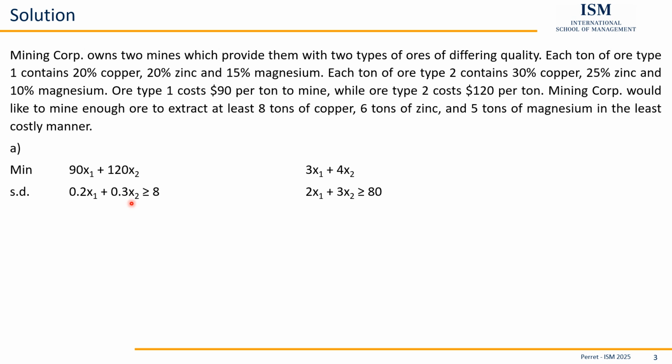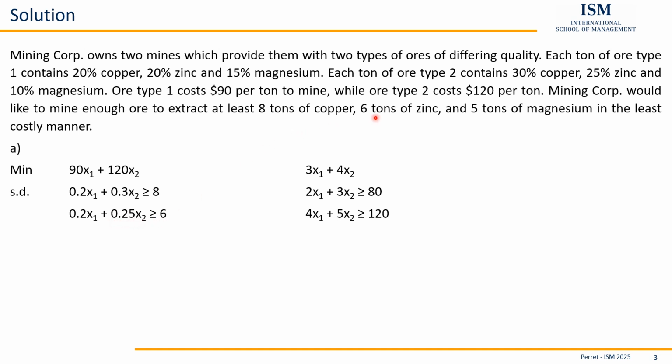Well, this was copper. In a similar way, we can go about zinc. We have 20% in each ton of type 1 and 25% in each ton of ore type 2. So we have 20% of x1 plus the amount from the ore type 2, so 0.25 times x2.